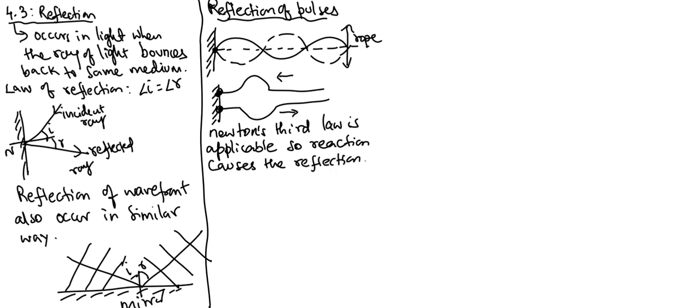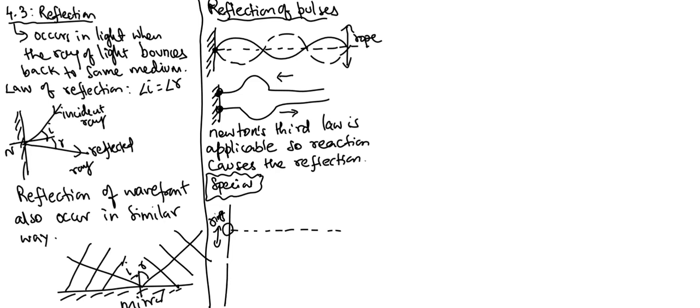But there is another case here, a special case. There are so many special cases, I'm just discussing a few. What if that rope which was here initially is no more fixed, but is just tied with a ring, and the ring can move up and down? Now what do you think will happen?